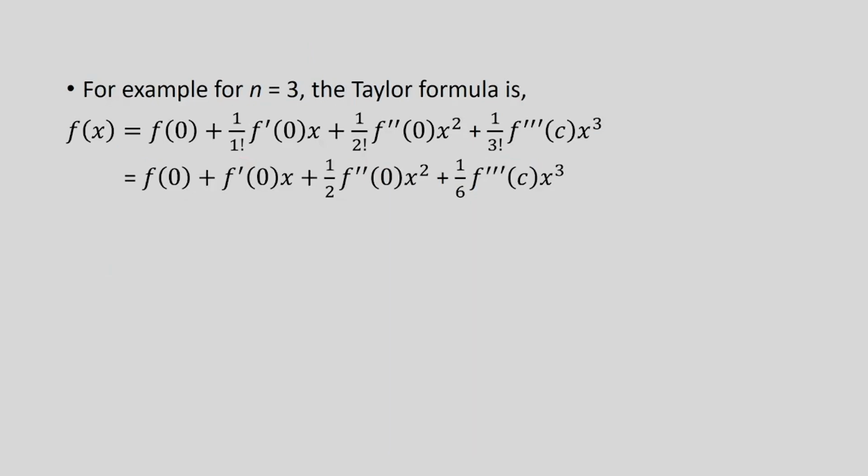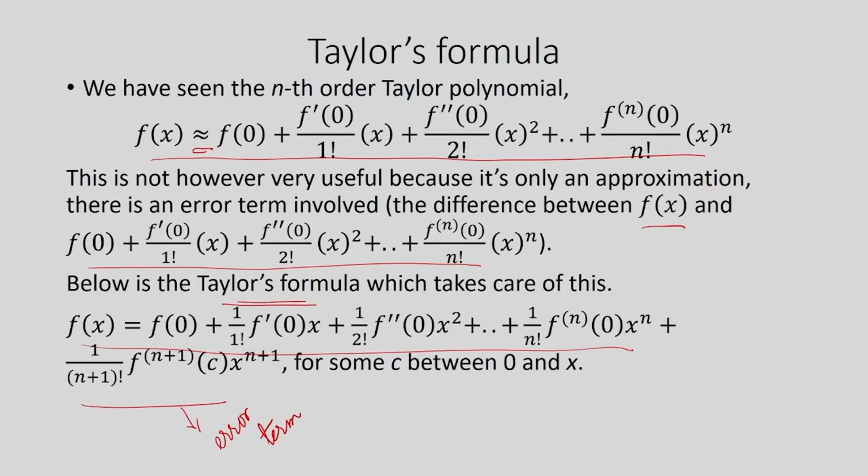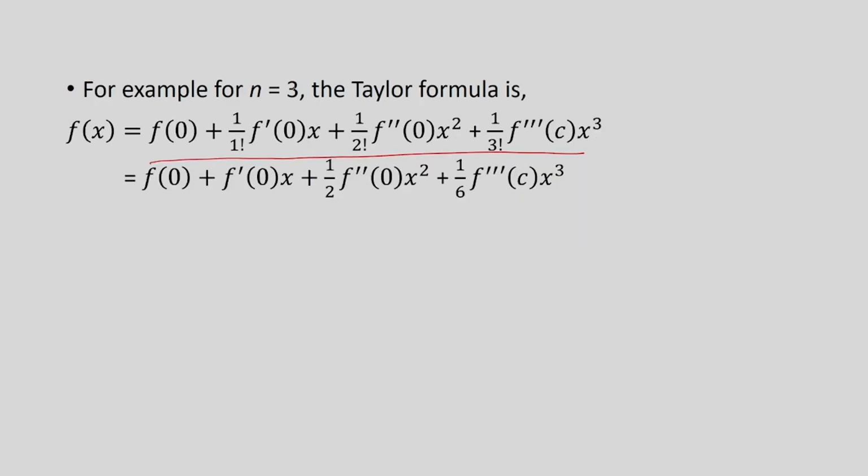So, for example, if you take any general function f(x) and if you take n is equal to 3, in that case the formula will be like this. This will be actually for n is equal to 2, not 3. After the second term you have the error term. So, that is why it is n is equal to 2.